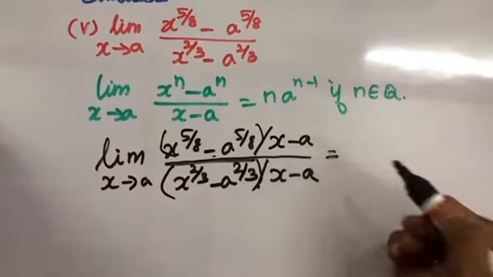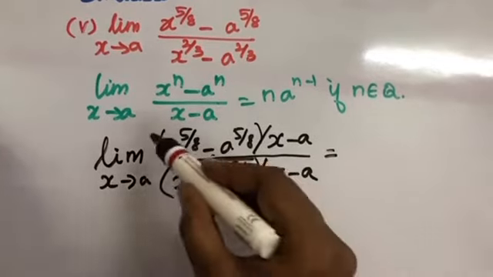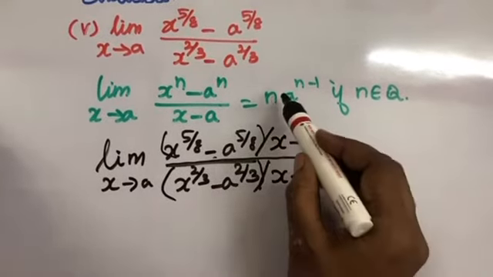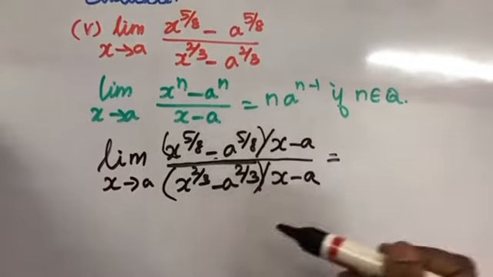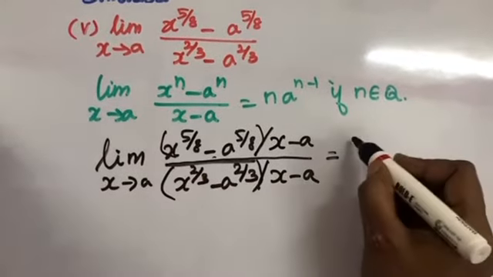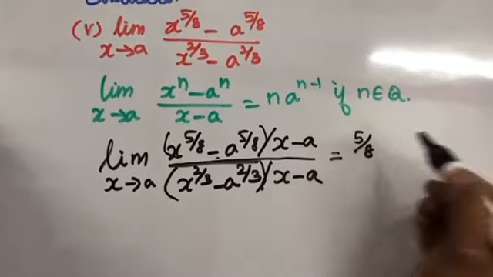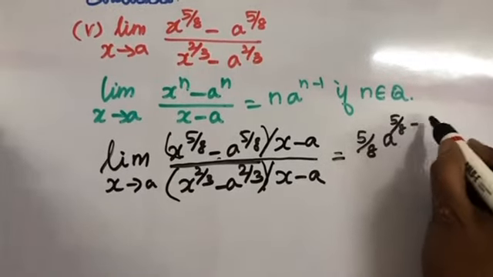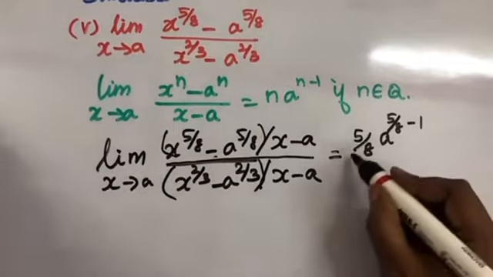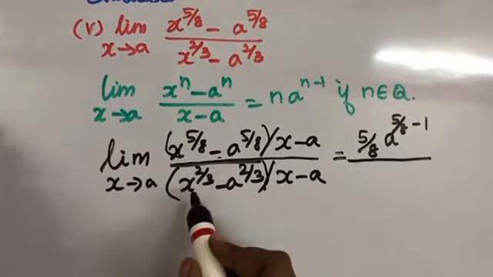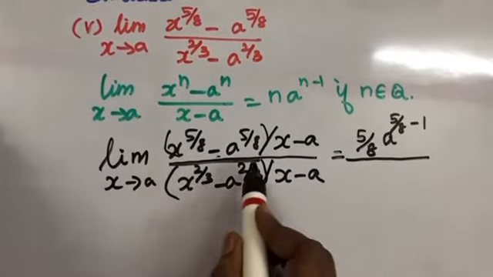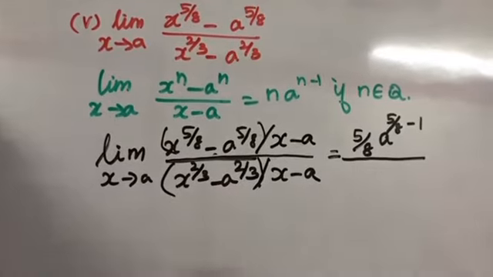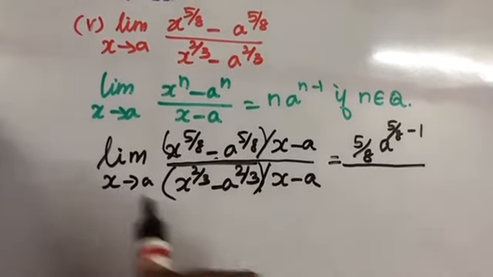Now applying the limit, for the numerator it is n into a power n minus 1. What is n here? n is 5/8, so 5/8 into a power 5/8 minus 1. For the denominator, it is also x power n minus a power n divided by x minus a, and the limit is the same, x tends to a.